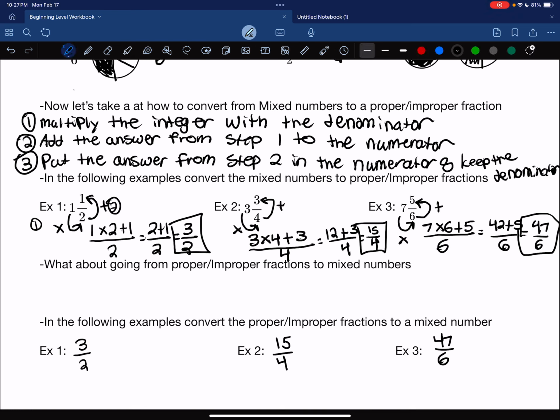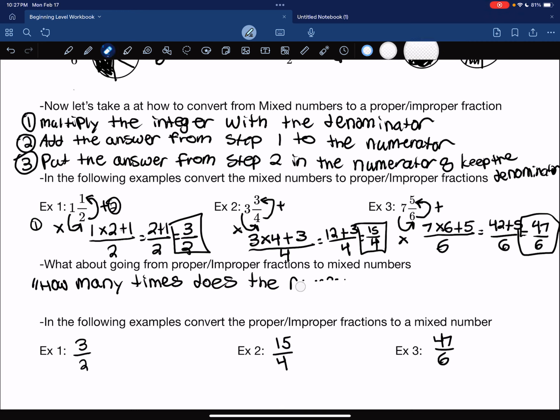Now, in order to figure that out, we have to ask ourselves the question, how many times does the numerator, oops, not the numerator, my apologies.